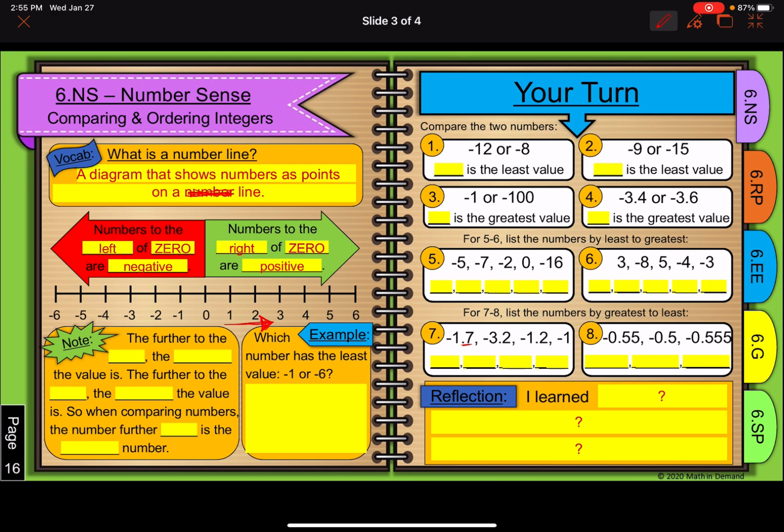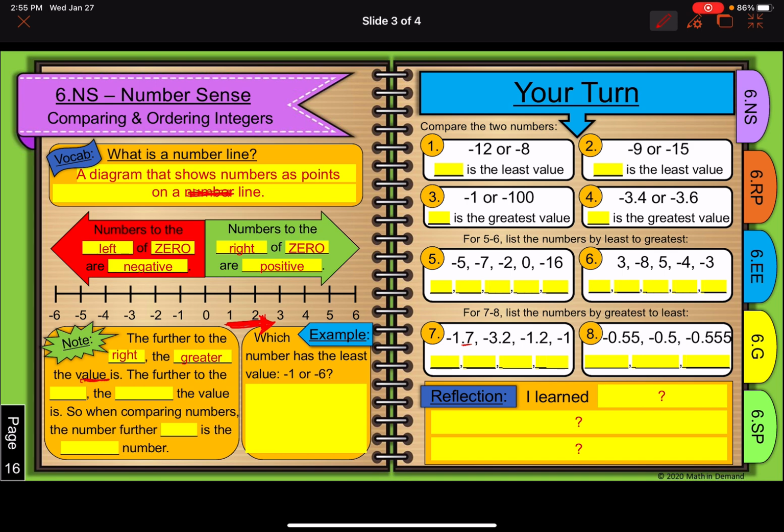How is this going to help us with comparing and ordering them? Well, we talked about this a couple times before, and you probably heard about this in other classes, but the further to the right on the number line that a number is, doesn't matter if it's positive or negative, the greater the value.